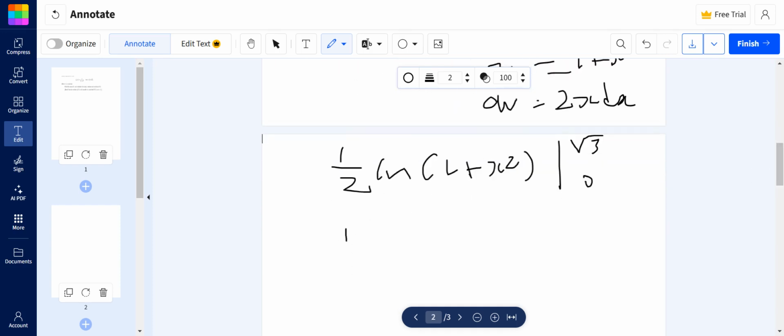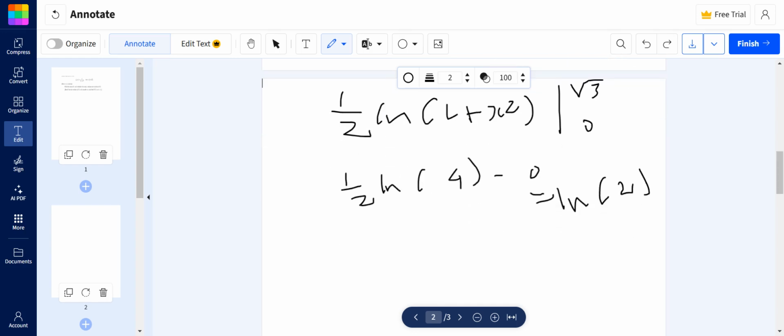It's going to be half times the natural log of 1 plus 3, which is 4, minus 0, because this evaluates to 0 when x is 0. So what's that? Half gets transferred, so it's actually going to end up being the natural log of 2. So now we have that E of x is simply 3 over pi ln of 2.